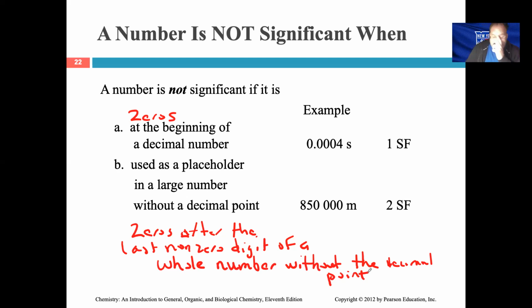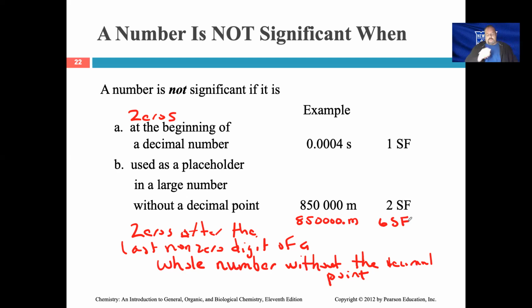So here, where you have 850,000 meters, only the 8 and the 5 would be significant, because the 4 zeros in this whole number have no decimal point at the end. So the 4 zeros here would not be significant. On the other hand, if I wrote 850,000. meters with a decimal point, now all those zeros after the 5 would become significant, so I would have 6 significant figures.